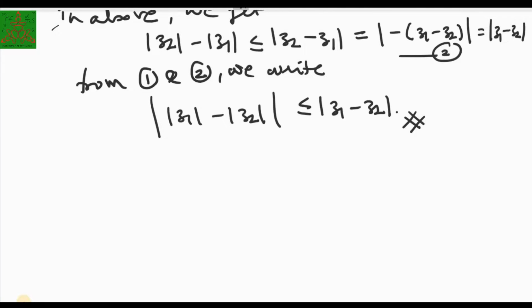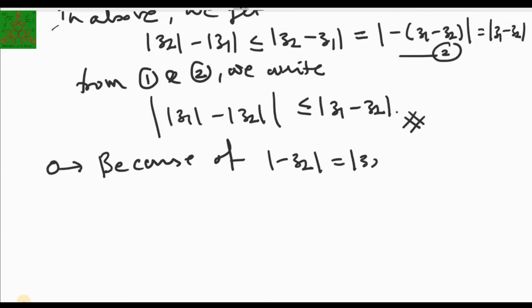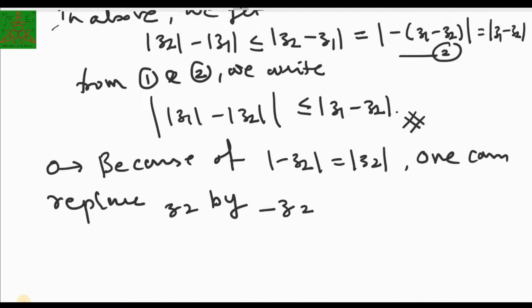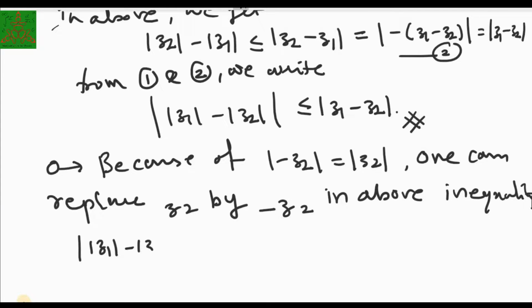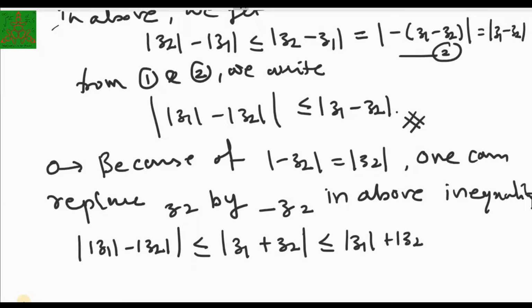Now we can also write, because mode of minus z2 is mode of z2, one can replace z2 by minus z2 in the above inequality. What we get is mode of z1 minus mode of z2, because mode of minus z2 is mode z2, is less than or equal to mode of z1 plus z2, and by triangle inequality this is less than or equal to mode of z1 plus mode of z2.